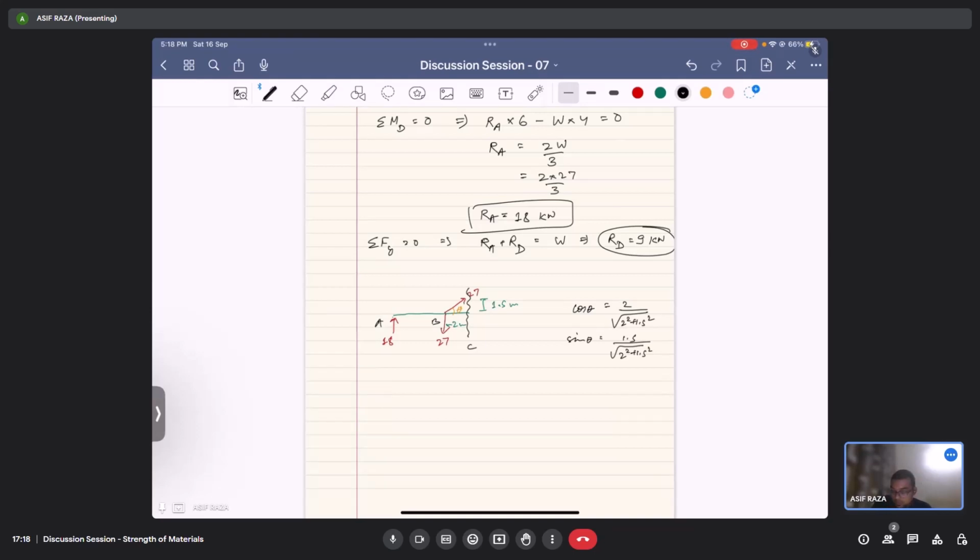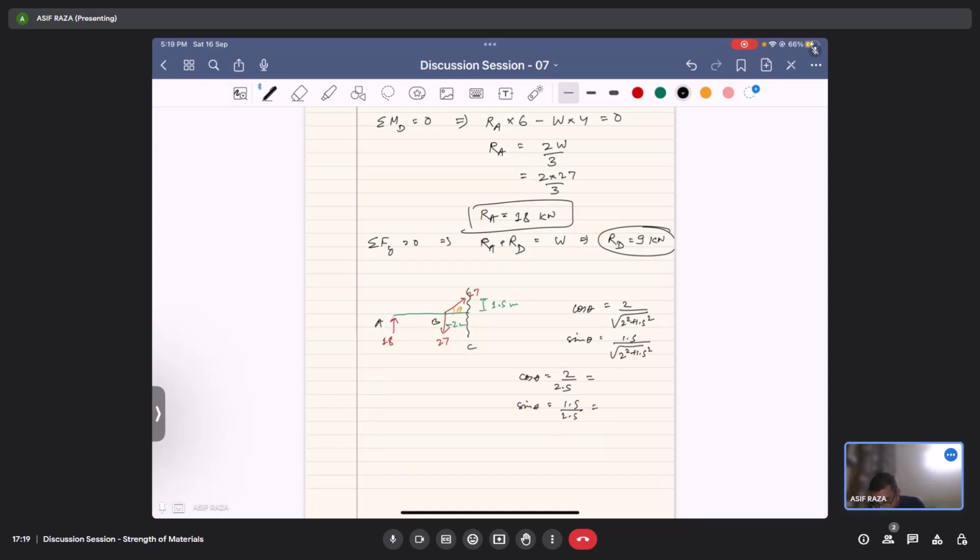Let me see if this gives me anything solid. So cos theta would be 2 by 2.5, and sin theta would be 1.5 by 2.5.